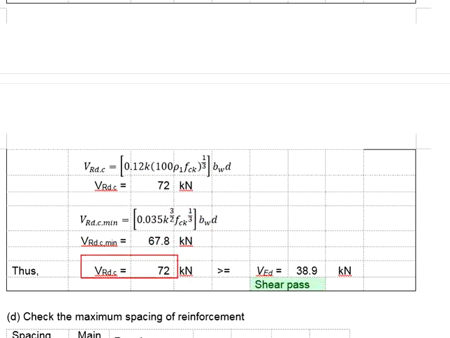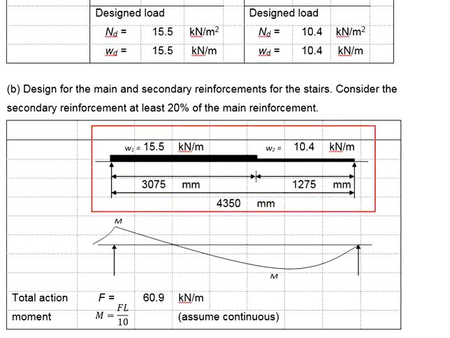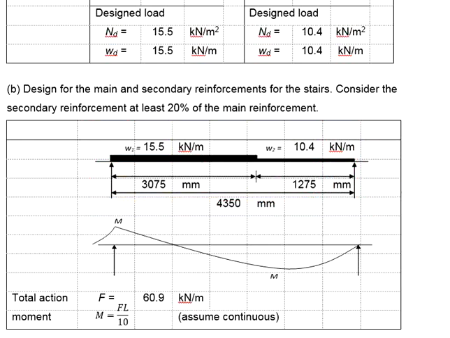Now that you have acquired the shear resistance, you're going to compare it with the shear loads. How do you get the shear loads? You will have to get them from the reactions acquired from the free body diagram shown here. Use the principles of static equilibrium.